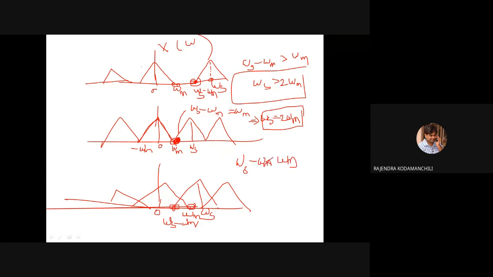So omega s is less than 2 omega m. Now what will happen? Signals are overlapped, and it loses some amount of information. So this effect is called the aliasing effect.